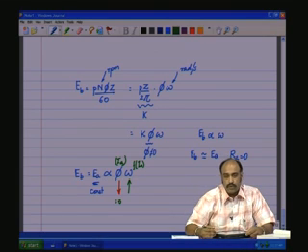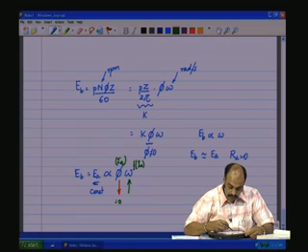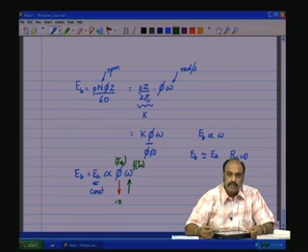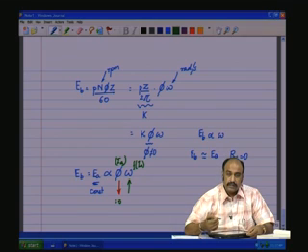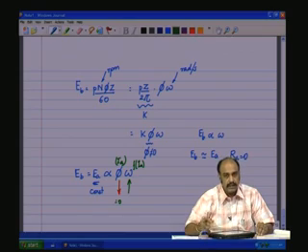Ia is proportional to 1 by root omega, or omega is proportional to Ia square. So when Ia is made 0, the speed also will become 0, and the motor does not run away. Whereas in the case of the shunt motor, there is a possibility of running away. We will stop here and continue our discussion in the next session.